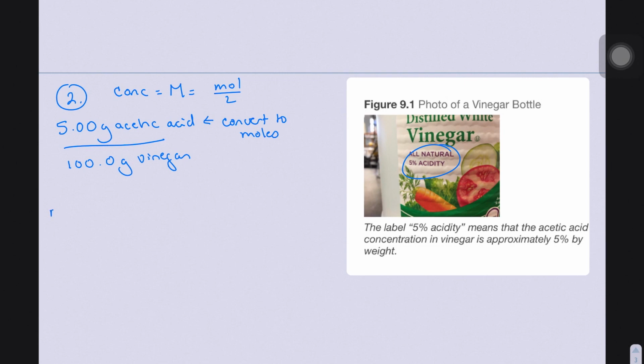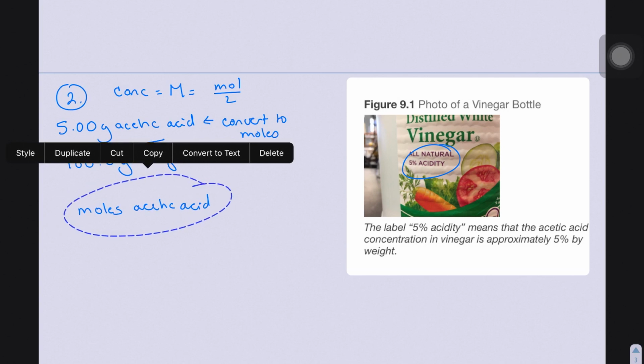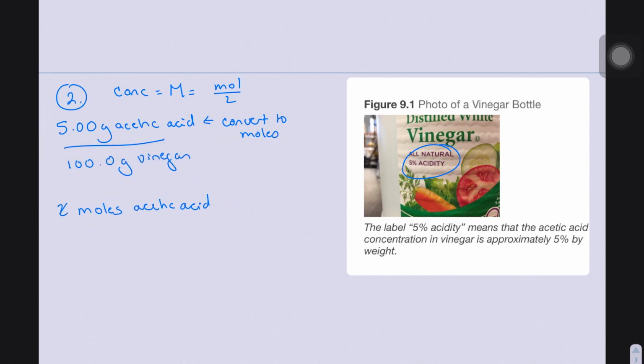Then after you do that conversion, you'll have moles acetic acid, and I'm just gonna move this over. Let's say we have however many moles of acetic acid you get. I'm just gonna say X, so you need to calculate this, divided by 100.0 grams vinegar.